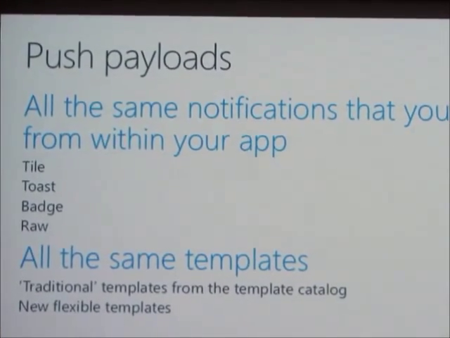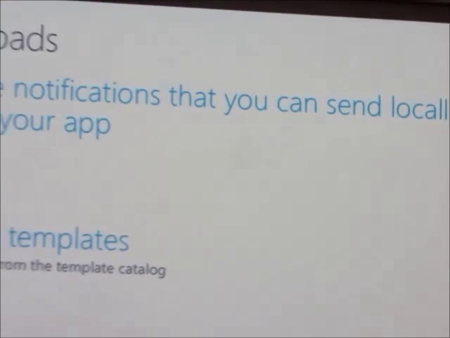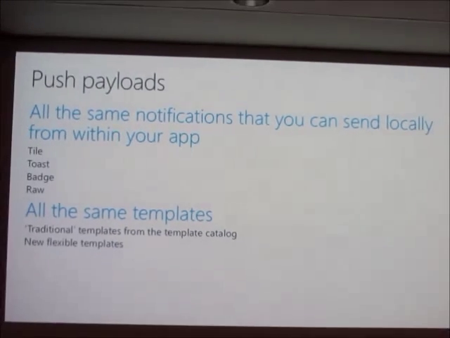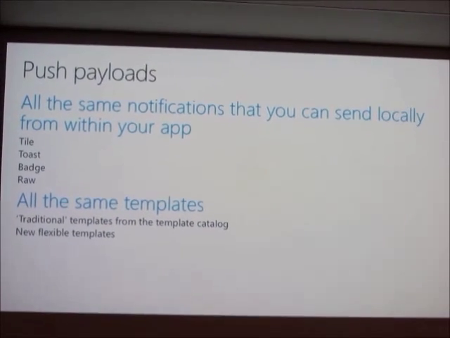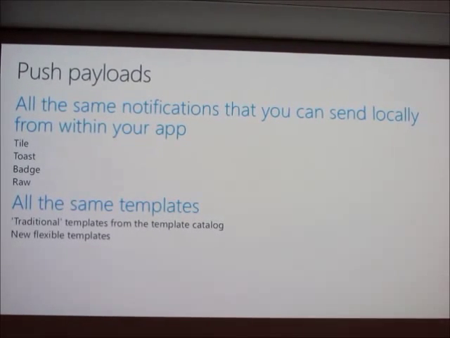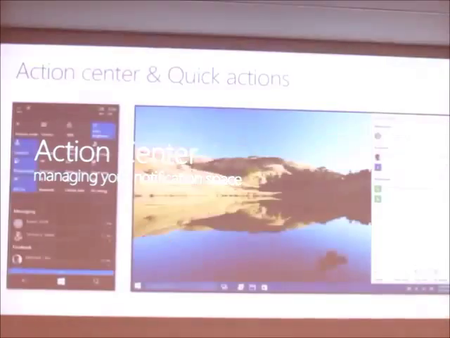Push payloads can be all of the exact same things that you can send locally from within your app. You can send tile, toast, badge, and raw, and all the same templates work, including the traditional old templates from the older catalogs and the new flexible ones from the current catalog.